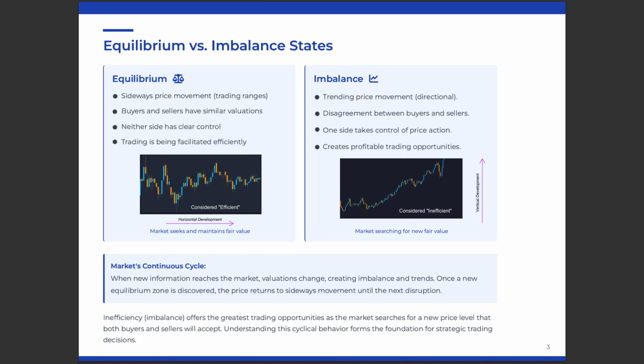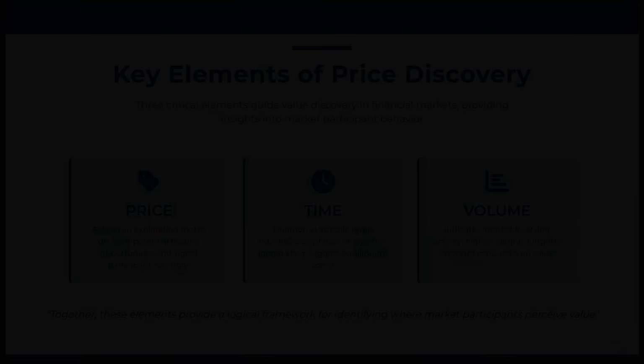But then, boom! New information hits the market like a sudden storm. This creates imbalance, where one side takes control and prices start trending strongly up or down. And here's the golden nugget. These imbalances create our most profitable trading opportunities.